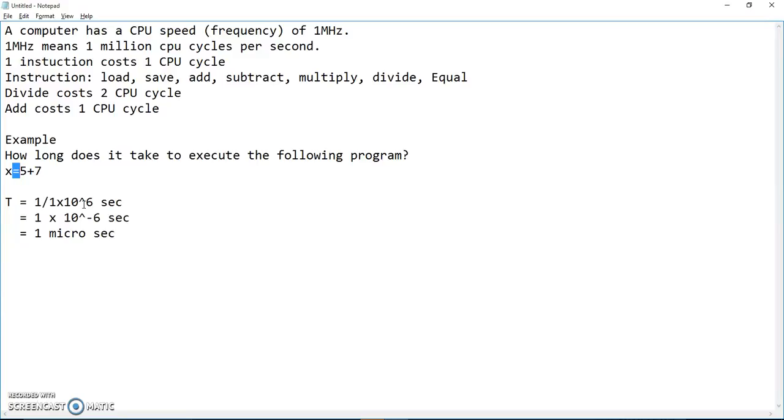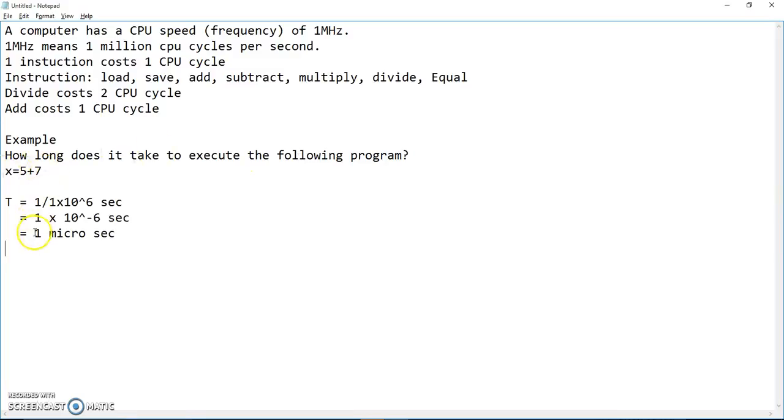So if we say x equals 5 plus 7, this program has 2 instructions, and we said 1 instruction costs 1 CPU cycle. So that means I have 2.